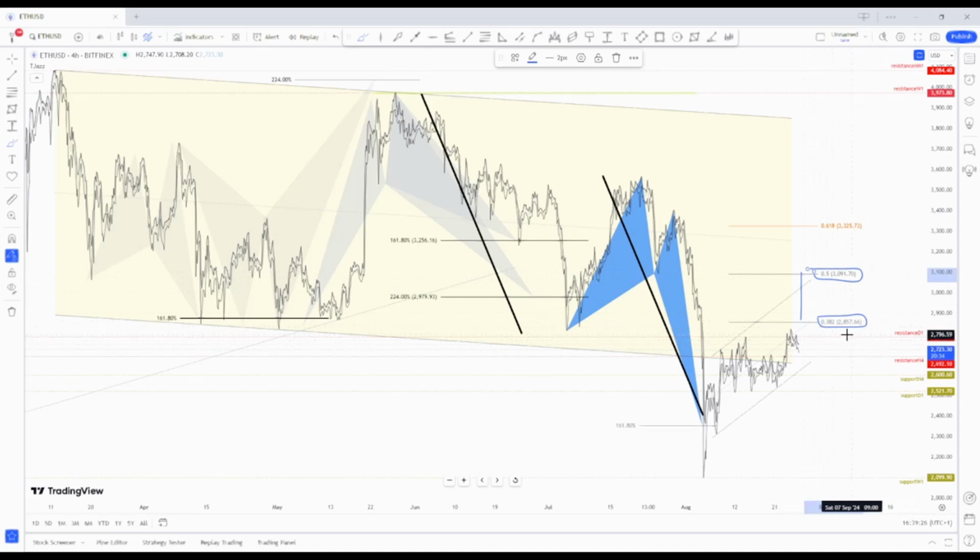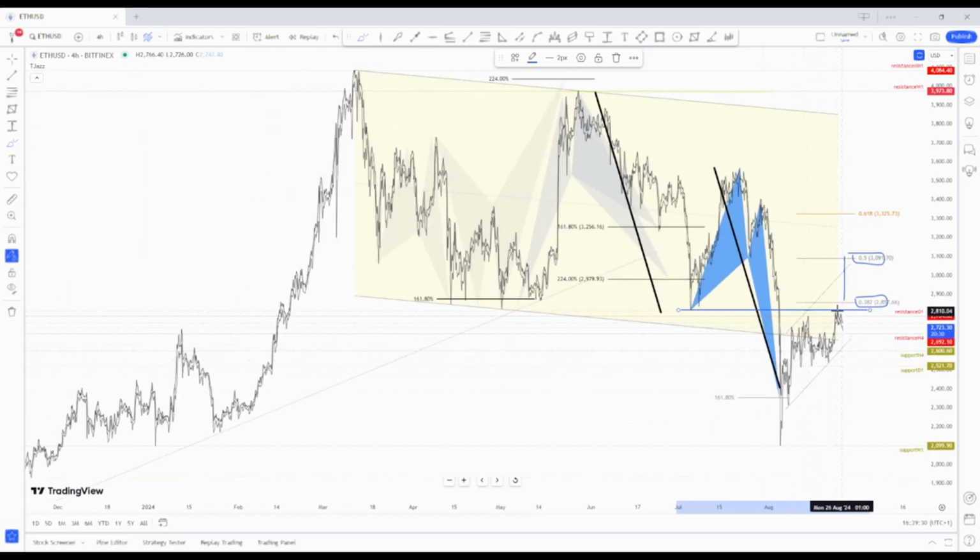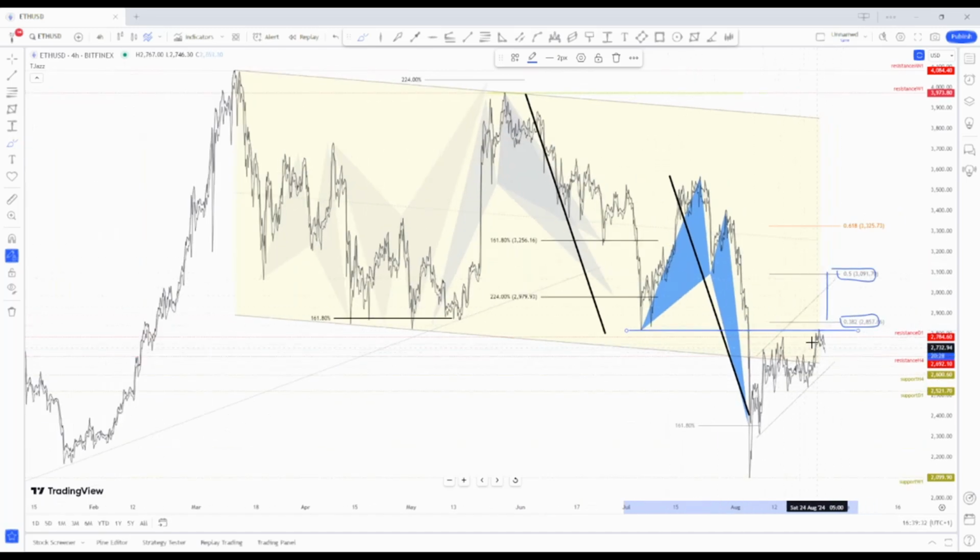But at this point, it looks like the previous support level is acting as resistance. So the previous lows acting as elements of pressure and as resistance. So I admit more move to the downside. Eventually, if the price breaks below this daily fractal support, we may be discussing later the retest of this previous level of support for Ethereum.